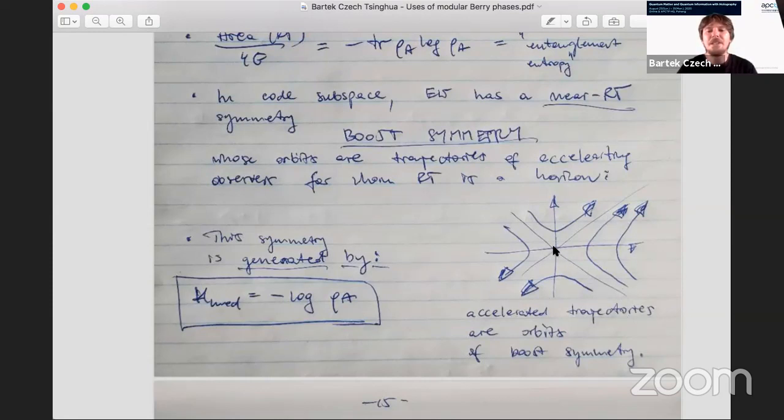So this here is like a point on the RT surface, and this one is obviously fixed by this symmetry. But the whole trajectory is also fixed, yes? So another place where zero modes could be localized is this entire trajectory. If you smeared an operator on the entire trajectory, that would also be fine.